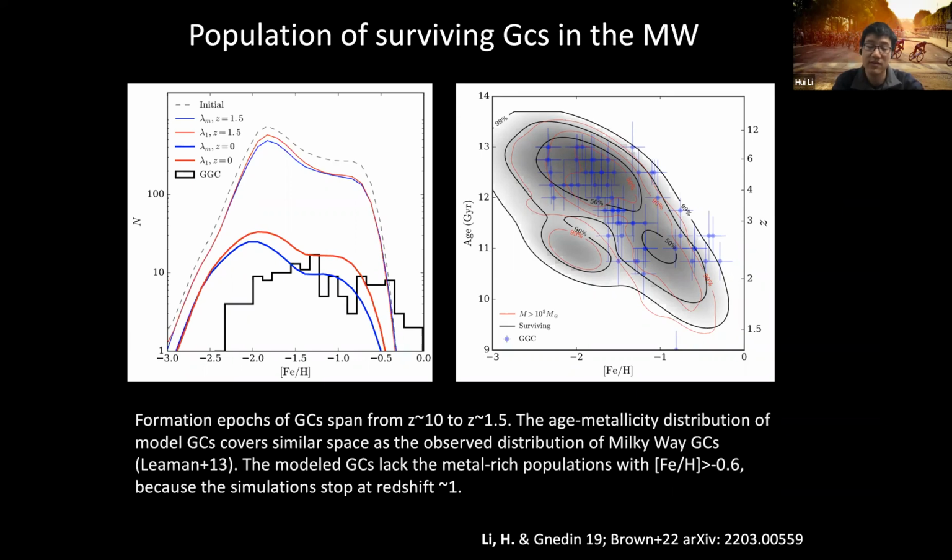And I agree, this is a very interesting direction, because recently people find that the globular cluster population is extremely abundant for dwarf galaxies. I don't think people know exactly what is going on, but this is something that should be paid special attention to.